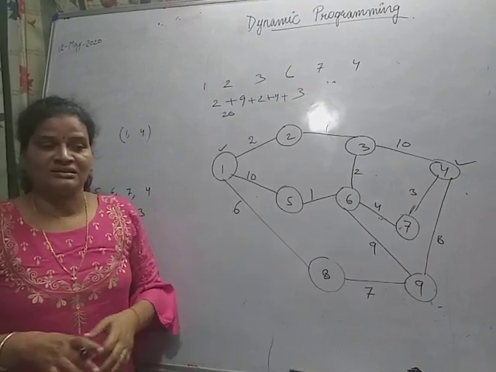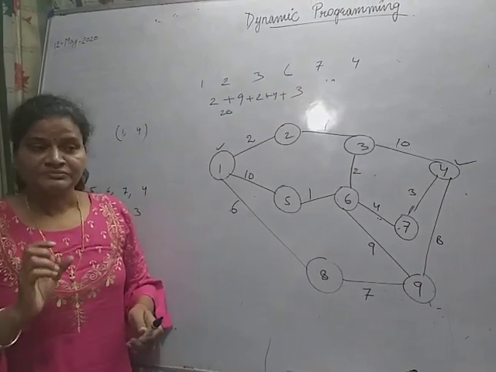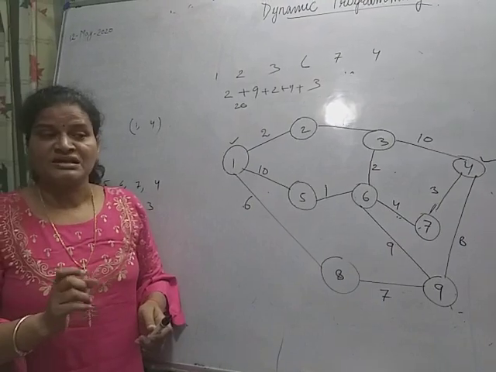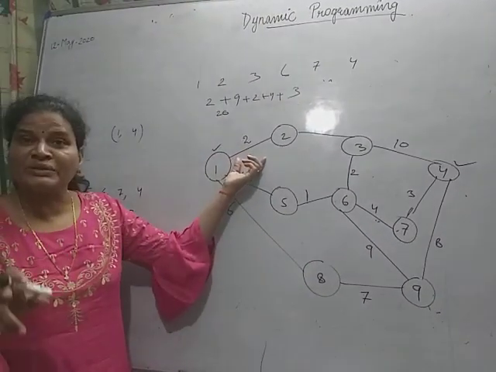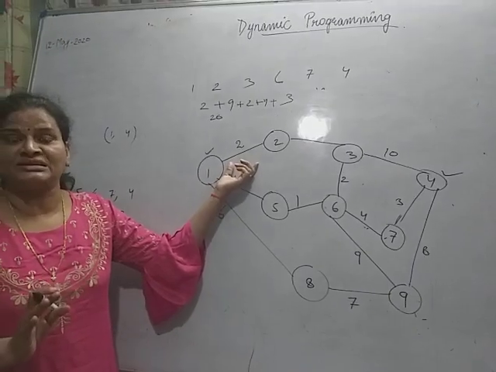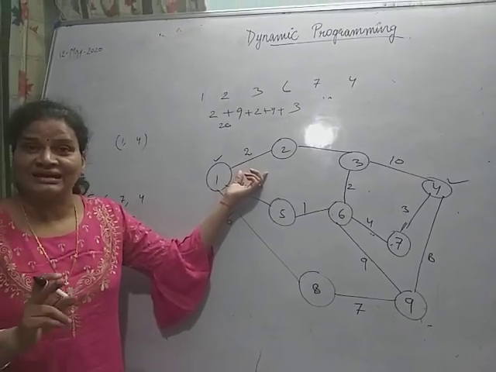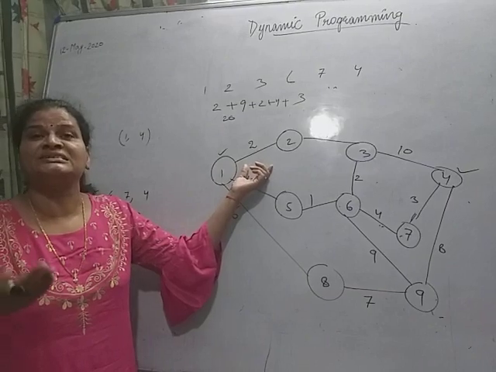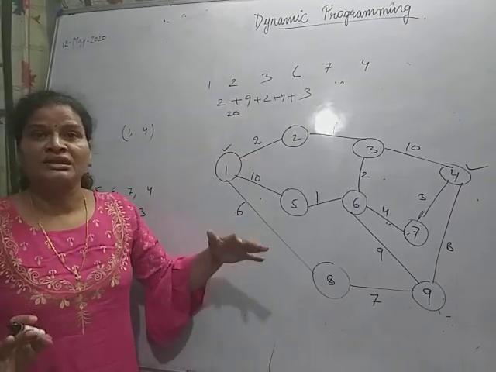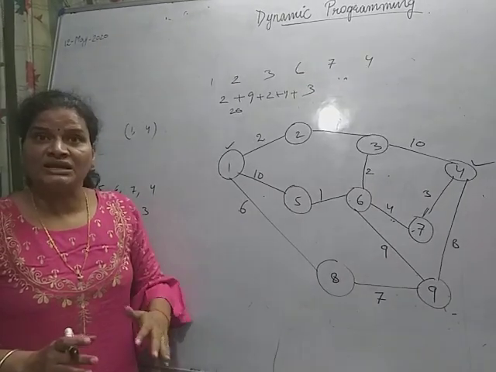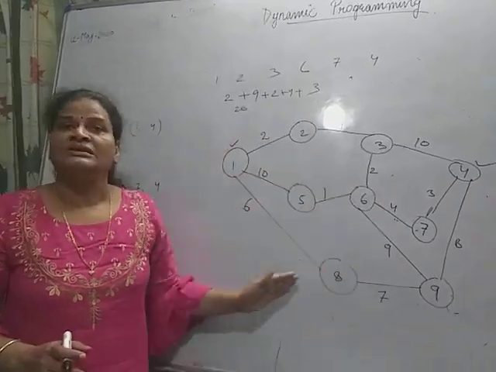So what is the meaning? Here there are a number of problems where the decision taken at a particular time on the basis of local information does not guarantee that the future decisions will lead to the optimal solution. So here we have to enumerate all possible decisions.